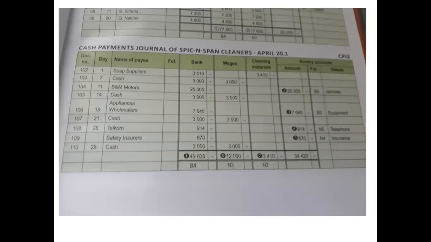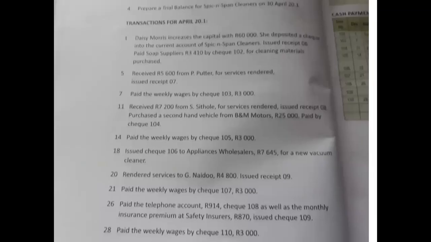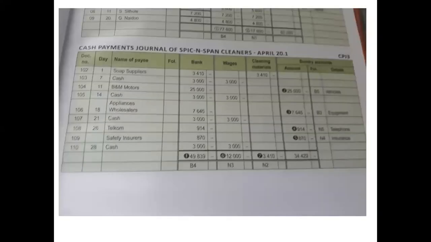I'm just quickly going back so you can get the information regarding the insurance. The insurance was at safety insurers, 870 Rand, check 109. And there you see it, safety insurers still on the 26th, 870 Rand in bank and with Sundry accounts, and it is for insurance.